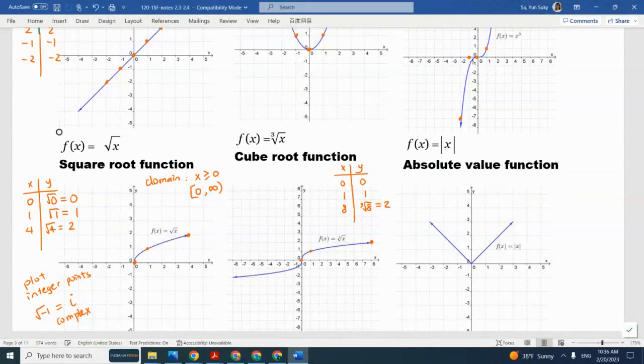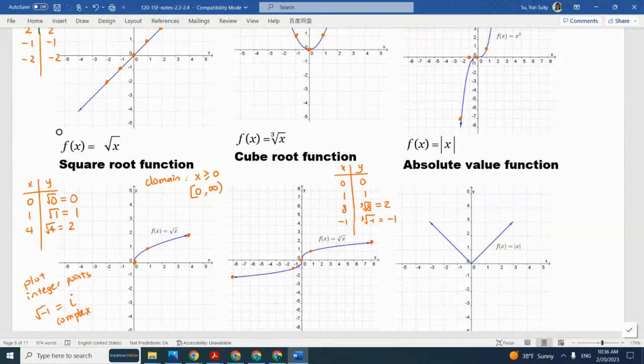So that's why. How about the negative side? What's the cube root of -1? -1. Okay. By the way, when you work with your calculator, you cannot plug in a negative number for the base. Your calculator will say error. But you know the cube root of a negative number is still negative. You can put a minus sign in front of the cube root. And how about the next point? You see that the cube root of -8 is -2. Okay, so it looks like that.